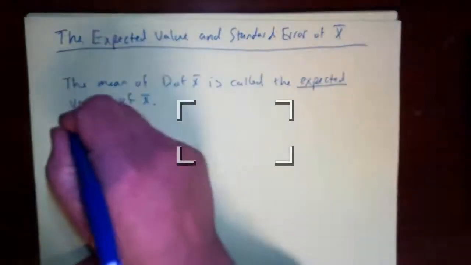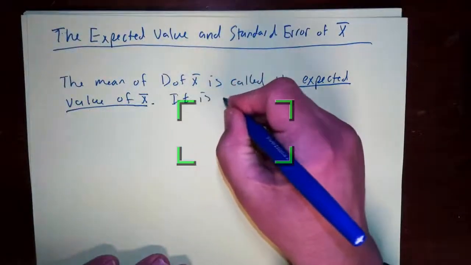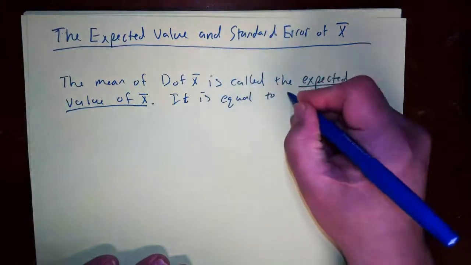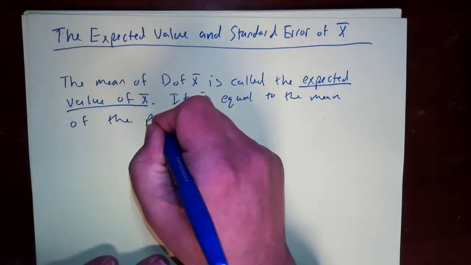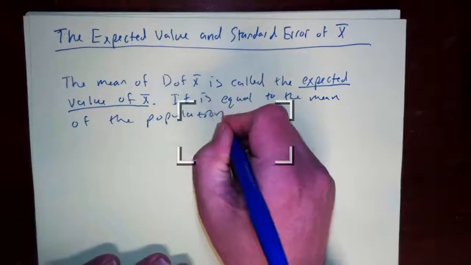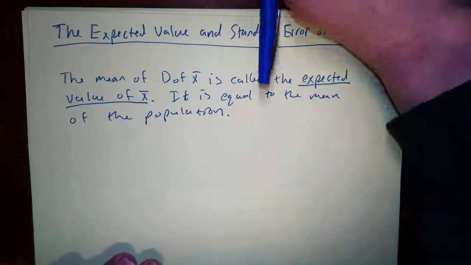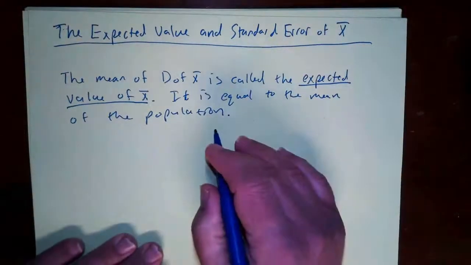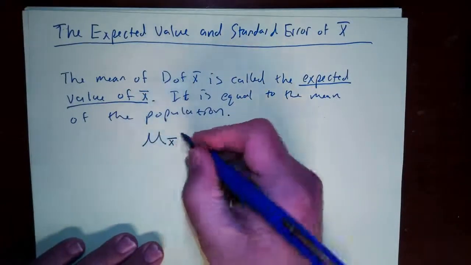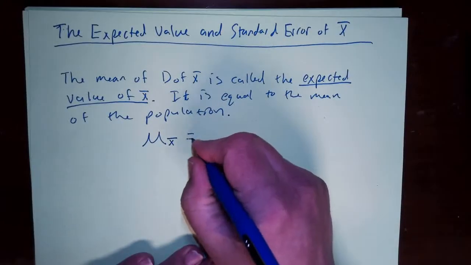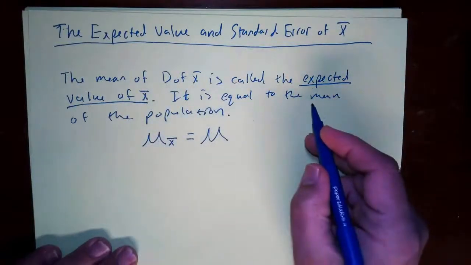Okay, the expected value of x bar is equal to the mean of the population. And so we could write that out by saying mu with that little x bar subscript is equal to the mean of the population. So this is the symbol for the expected value.